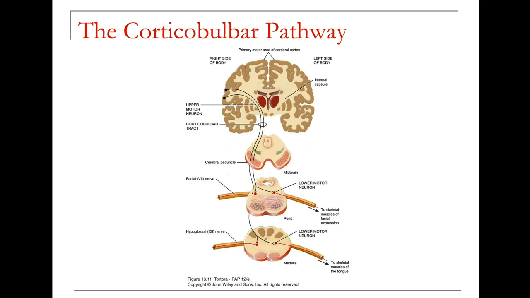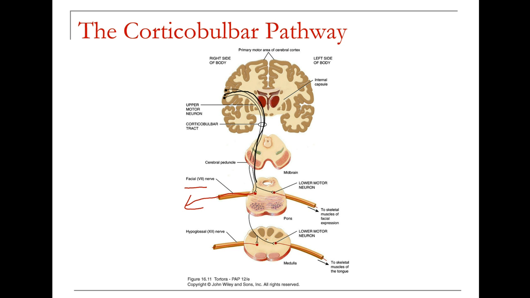So remember, corticobulbar pathways are going to come out of the brain stem. So once again, we have our upper motor neuron coming out, going all the way down until we get to one of the cranial nerves. So you'll have it exiting out one of the cranial nerves. For example, in this area, it's the facial nerve.